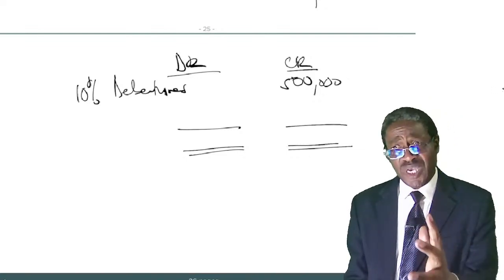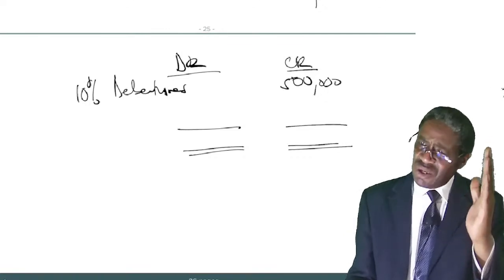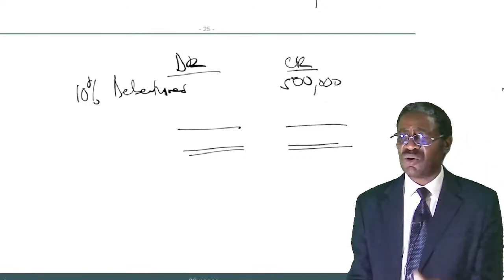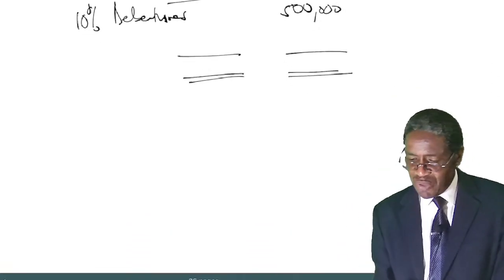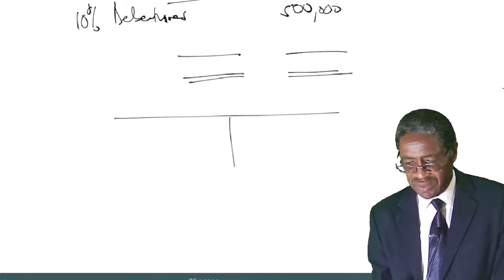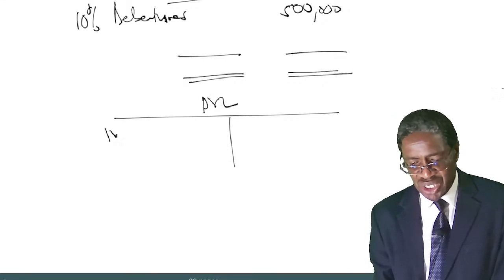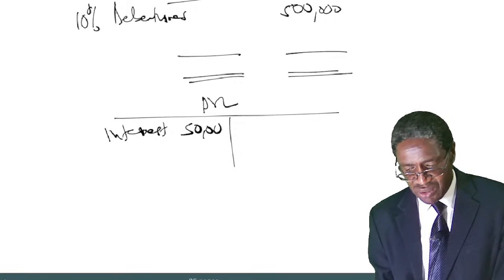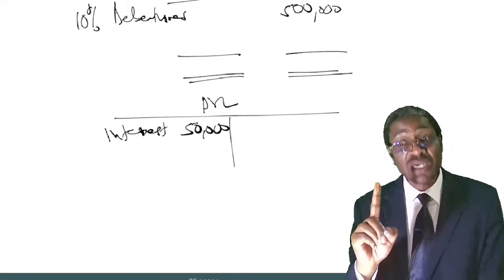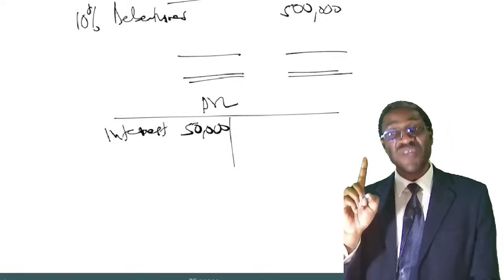But were we supposed to pay? Yes. Every year the debenture holders are entitled to 10% of their money as interest. So when I'm preparing the profit and loss for the company, I must charge interest of 50,000, which is 10% of the value of the debenture.